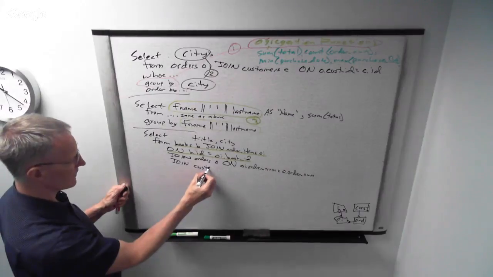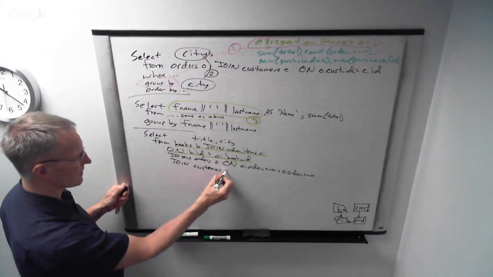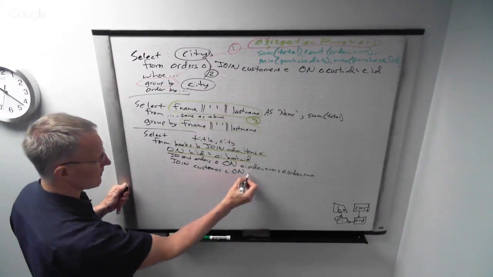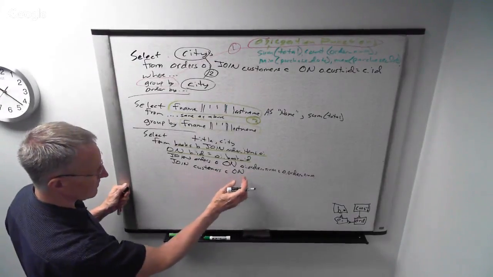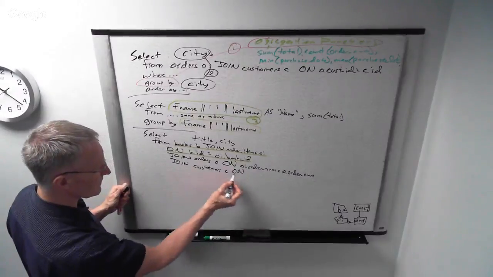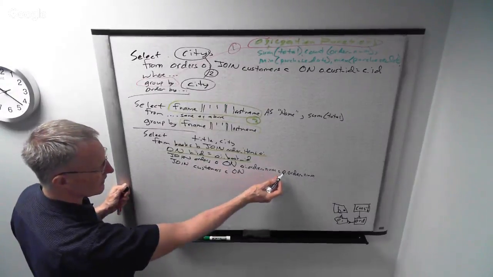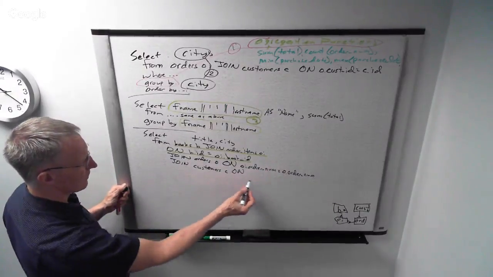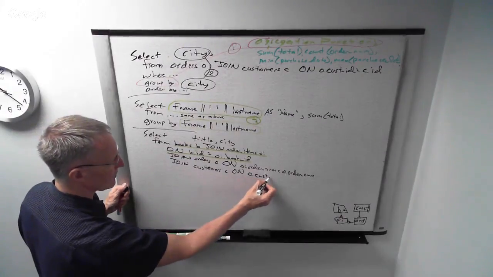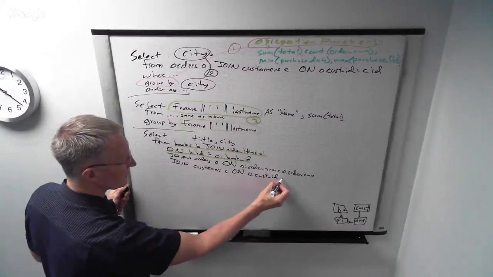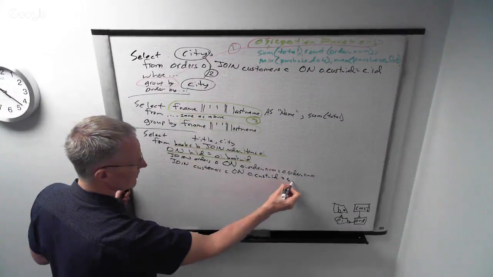Customers, let's spell that right. C on C.ID, customer ID. Yeah, C.ID. And it's always good to be thinking about where did I just leave off? I left off at orders, customer ID, so you want to start off with orders again. Customer ID equals C.ID.